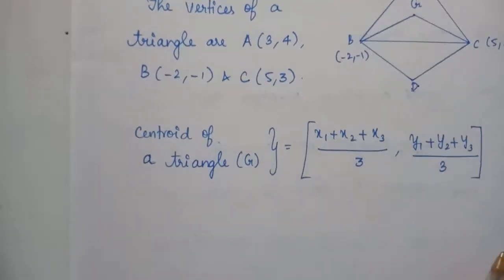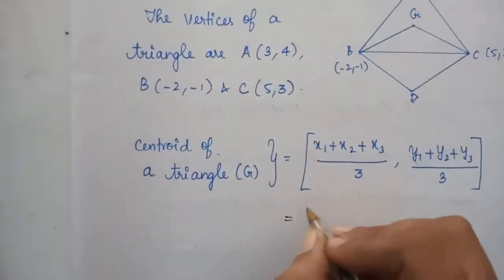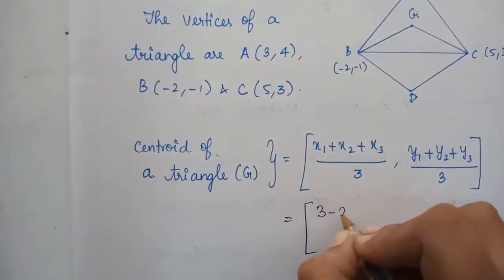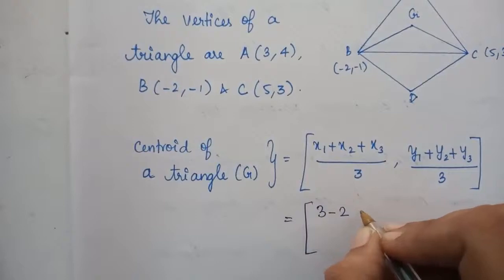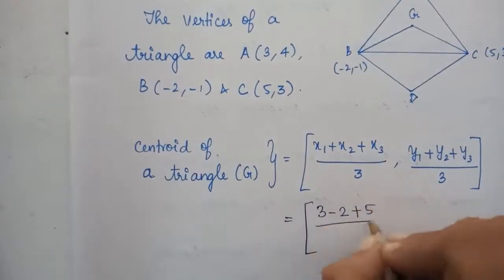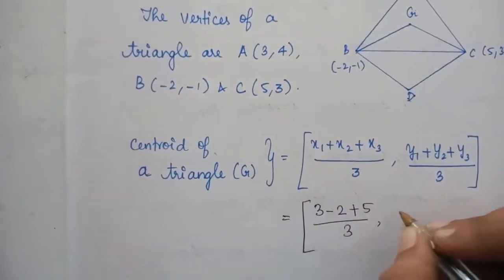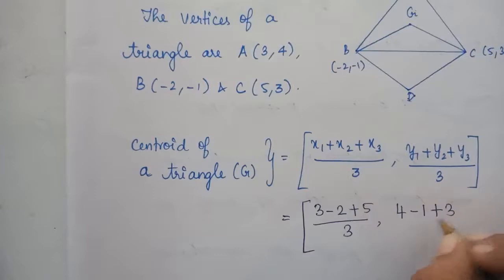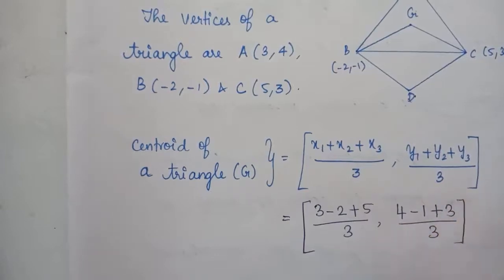Substitute the values in the formula. The value of x1 is 3, x2 is -2 and x3 is 5, so (3 minus 2 plus 5) divided by 3. The value of y1 is 4, y2 is -1 and y3 is 3, so (4 minus 1 plus 3) divided by 3.